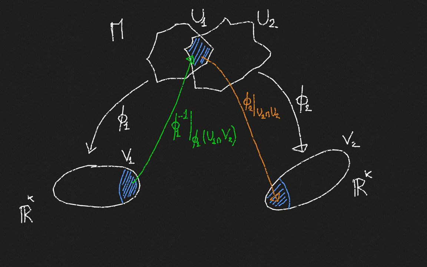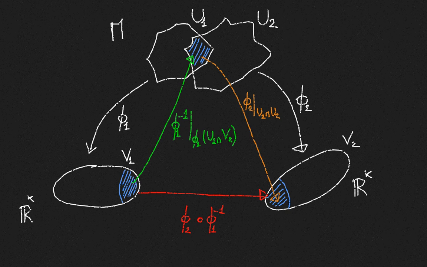So if you follow the two arrows, you end up with this function here, which is the composition of the two. So it is first doing phi1 to the -1, so the inverse, and then composing it with phi2. Now, this red map is from an open set of Rk to an open set of Rk.